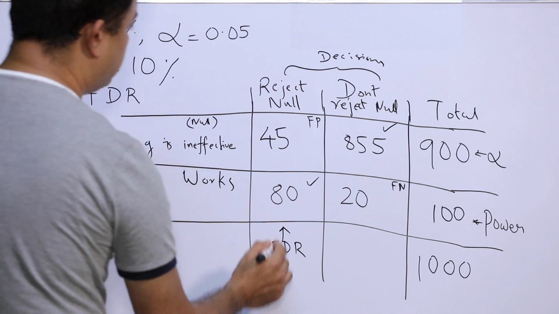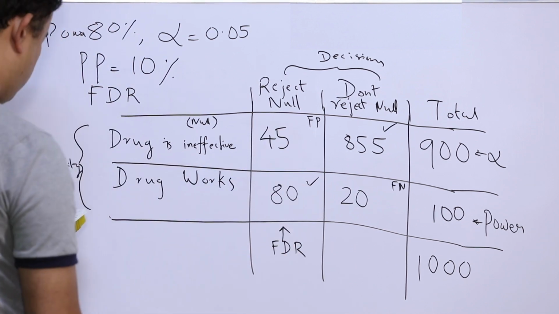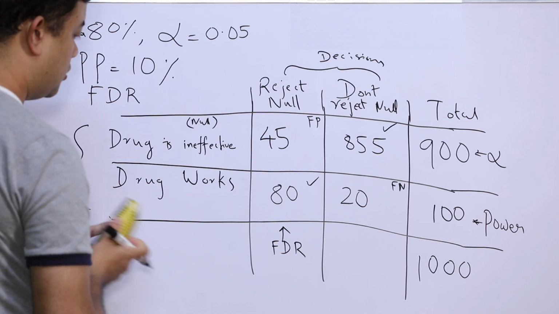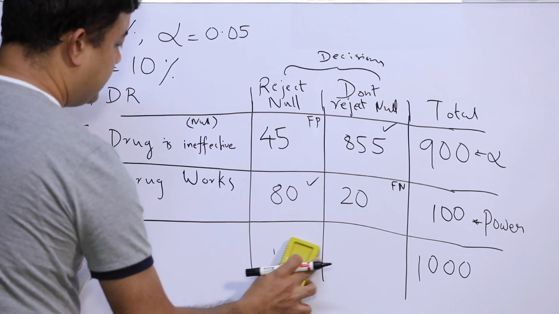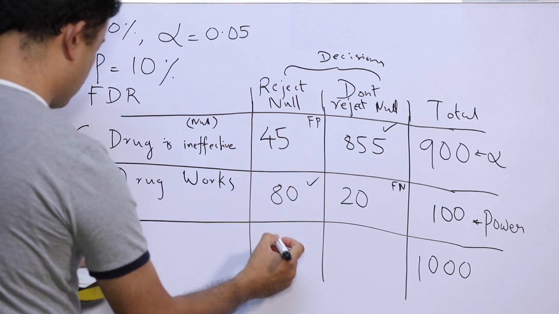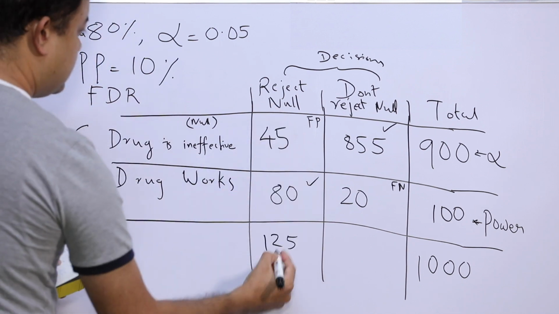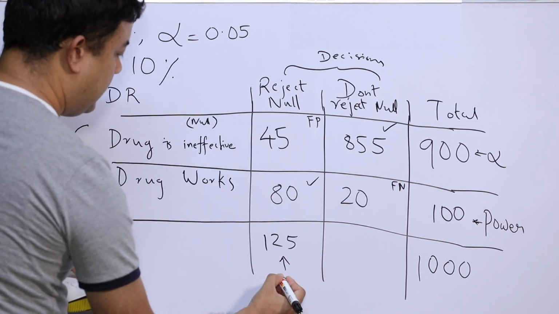So FDR is nothing but the proportion of false positives out of the total, right? So let us also write the totals below, because the total makes sense in this calculation. The total, 45 plus 80, is 125. Now this one has to do with FDR.